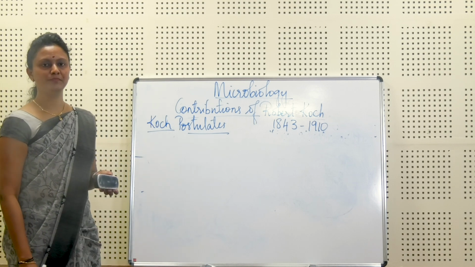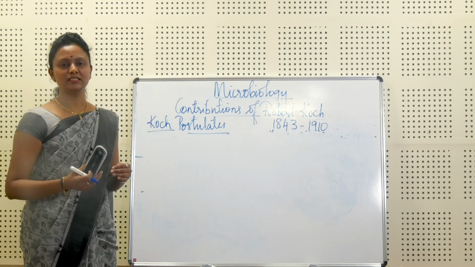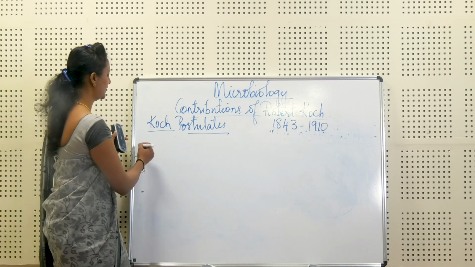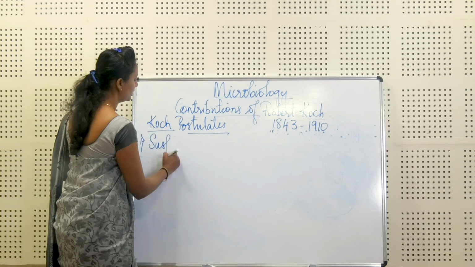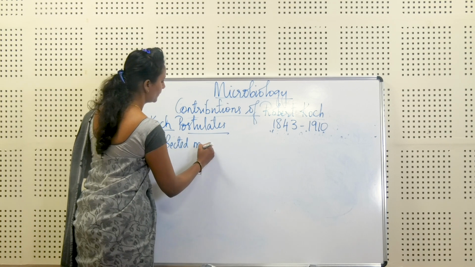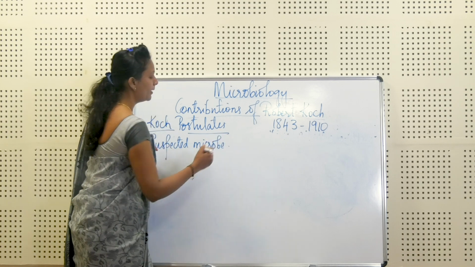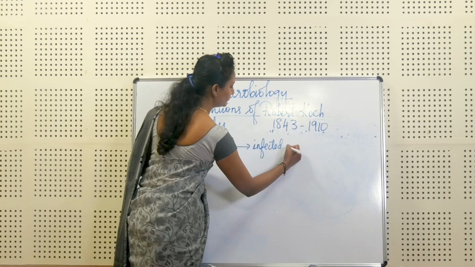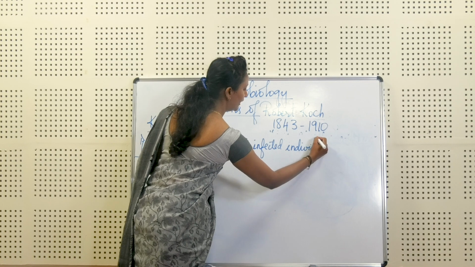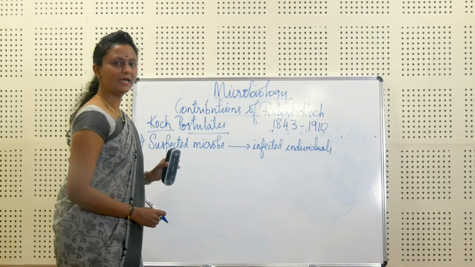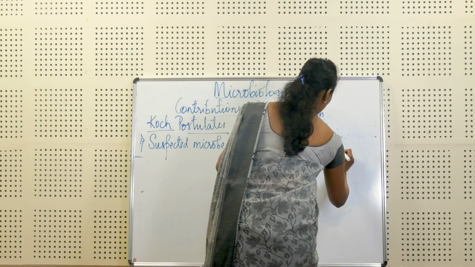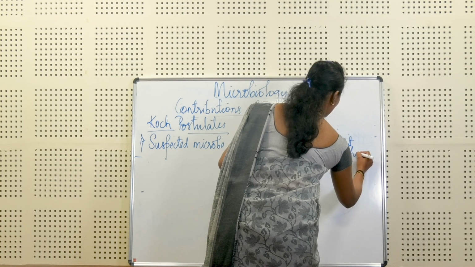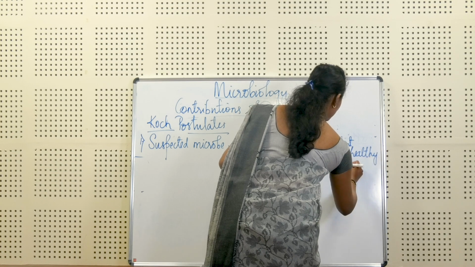According to the Koch postulate, if any microbe has to be considered as a causative agent of any disease, it should satisfy the following conditions, such as the suspected microorganism must be present only in the infected individuals, and it should be absent in all the healthy individuals.